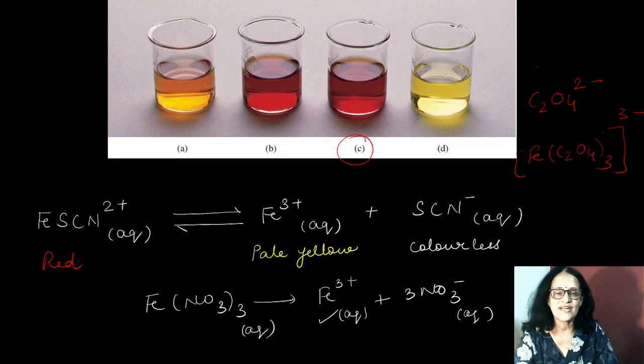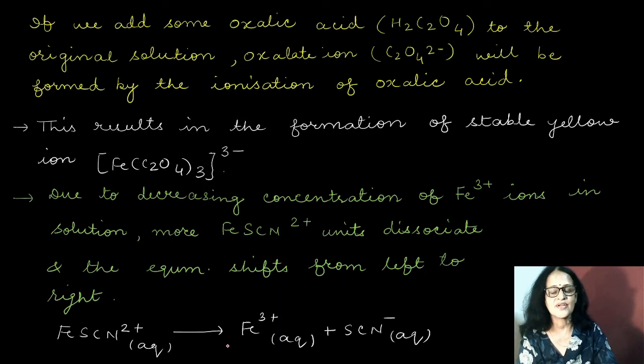Again, the direction in which equilibrium will shift can be predicted with the help of Le Chatelier's principle, as the addition of oxalic acid to beaker A decreases the concentration of ferric ion. So what will happen? More of the iron thiocyanate ions will dissociate to form more ferric ion. So we can say that the reaction will move in the forward direction. You can see that the reaction is shifting in the forward direction.